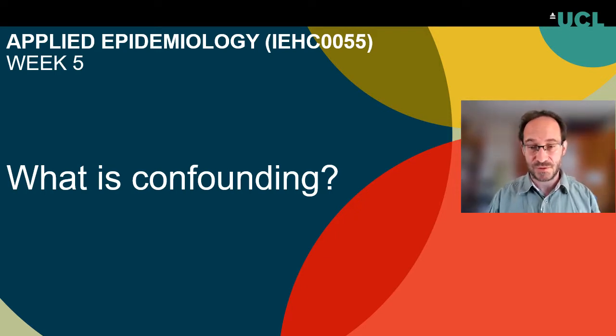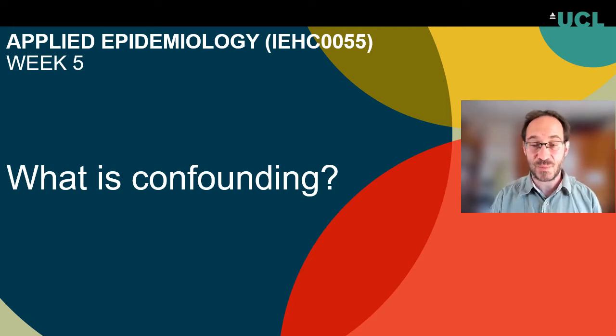Confounding is a very important concept or issue in epidemiology, and in fact, whichever part of public health or epidemiology you will work after your MSc program or MPH program, it is highly likely that you will be forced to think about confounding quite a lot.